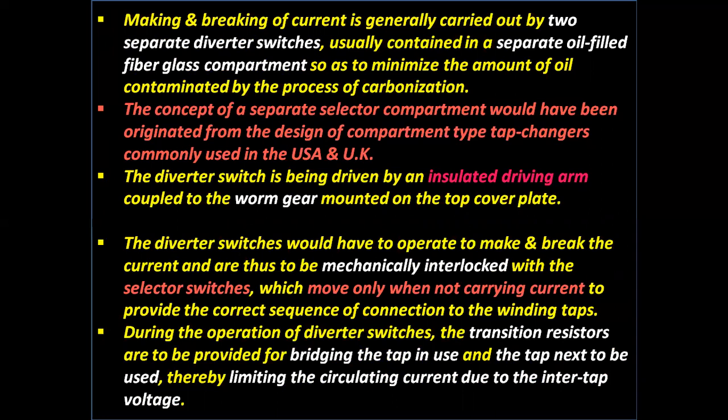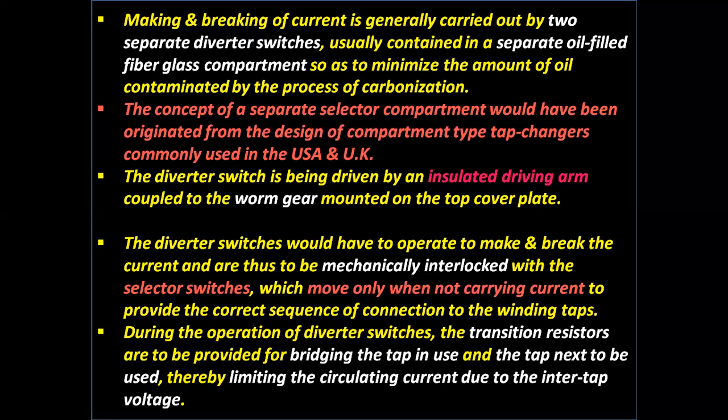The diverter switch is driven by an insulated driving arm coupled to the worm gear mounted on the top cover plate. The diverter switches operate to make and break the current and are thus mechanically interlocked with the selector switches, which move only when not carrying current, to provide the correct sequence of connection to the winding taps.